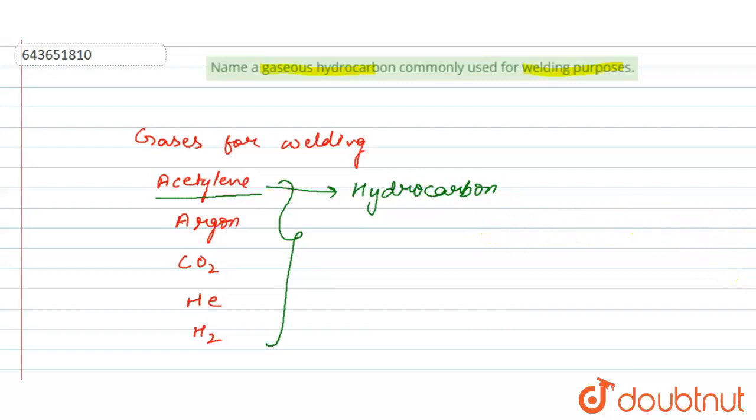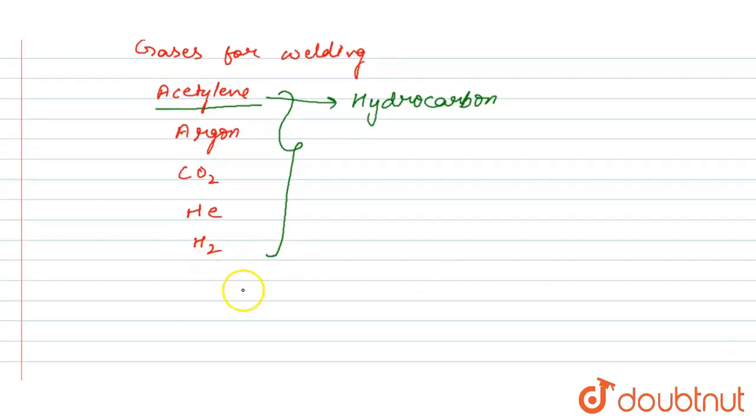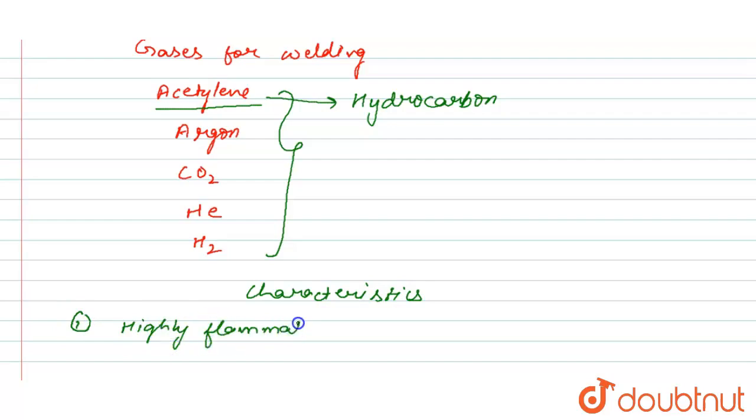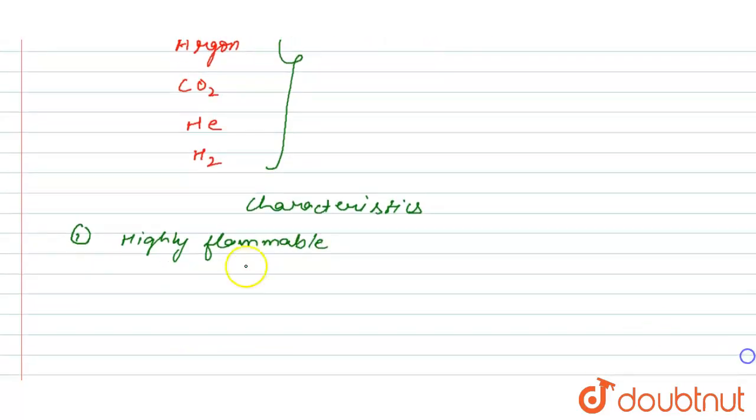And why is acetylene used for welding? Characteristics of acetylene are: first, it is highly flammable, and it is also considered the hottest gas out of all the gases used in welding.